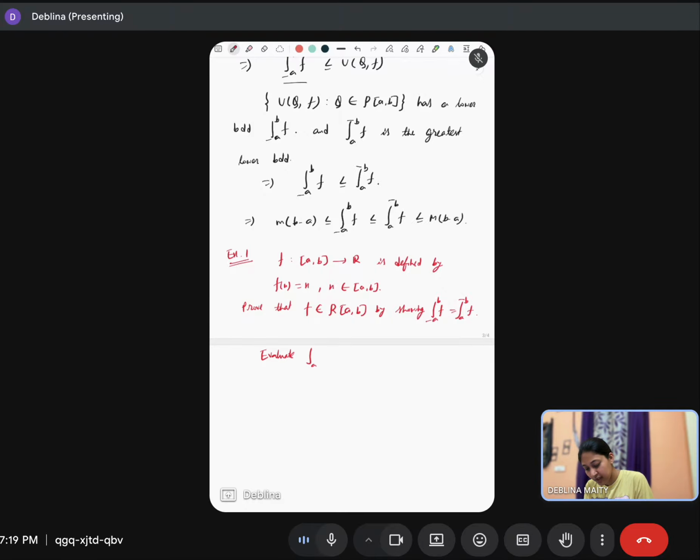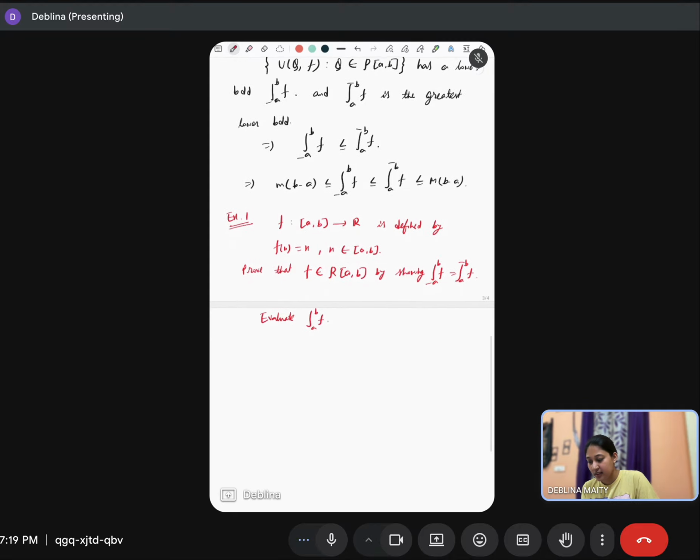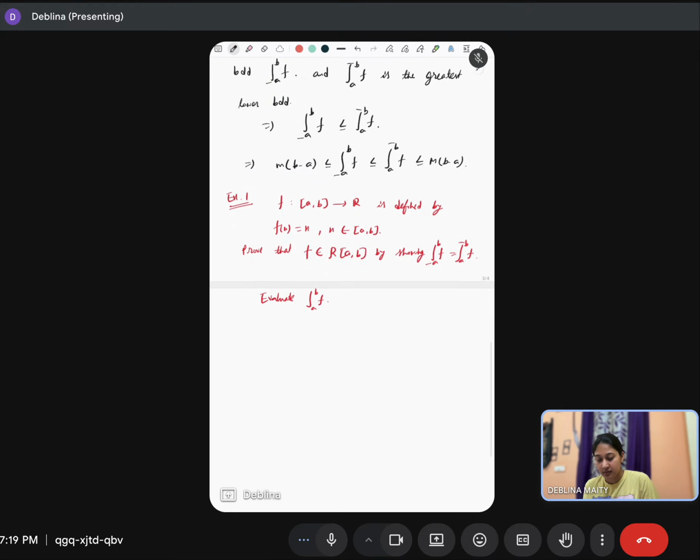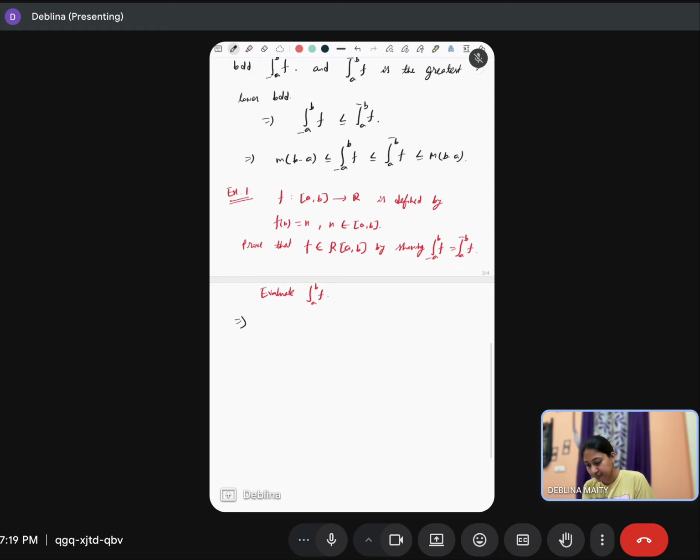Also you have to evaluate this number, right? So f is bounded on [a, b], right?